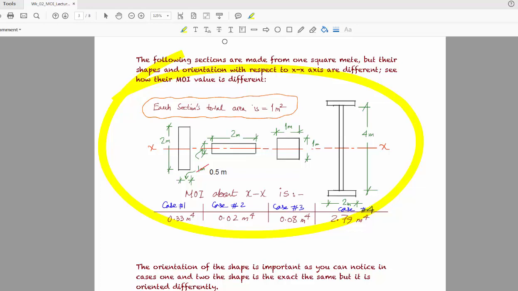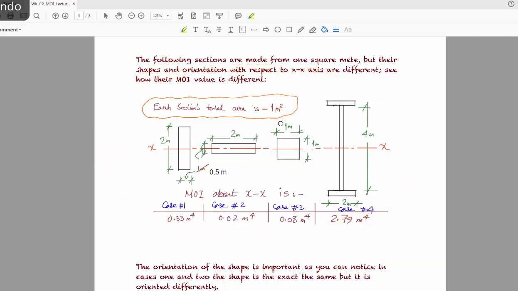So if we were given a material that is 1 square meter, and we are asked to mold this into a shape that will give us the strongest possible moment of inertia. If you do just half an inch by 2 inches, you will get this much, 0.33 inch to the power of 4.